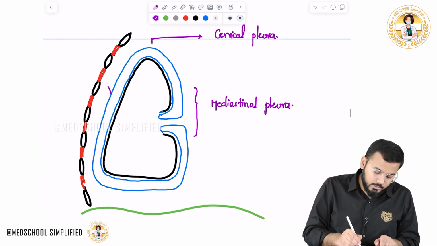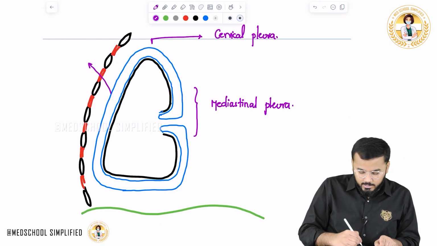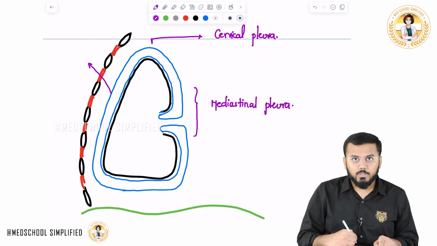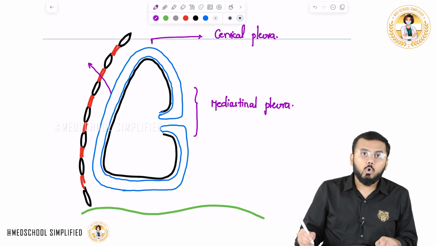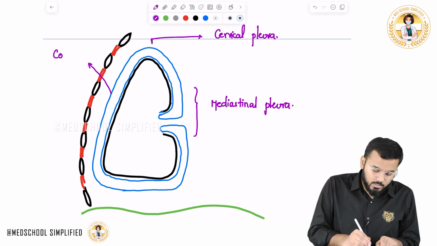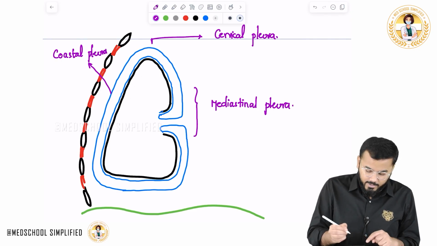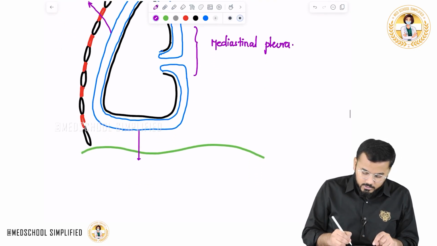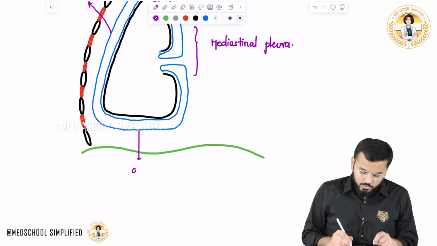Next important thing, this part of the pleura which is facing the thoracic cage is called the costal pleura. And finally, this part of the pleura which is facing the diaphragm is called the diaphragmatic pleura.